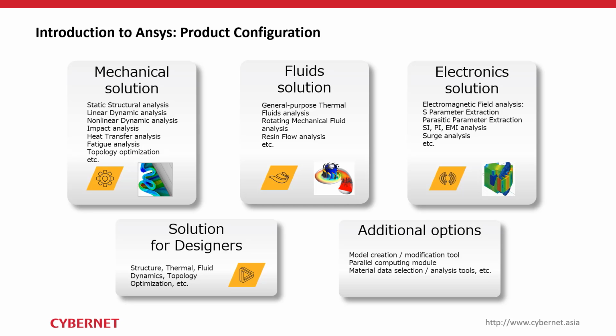The mechanical solution, as you can expect, focuses on structural analysis, which can include static or dynamics, impact analysis, thermal analysis, fatigue analysis, topology optimization, and so on. For fluid solutions, on the other hand, you can do general purpose thermal fluid analysis, aerodynamic analysis, rotating mechanical fluid analysis, and so on.